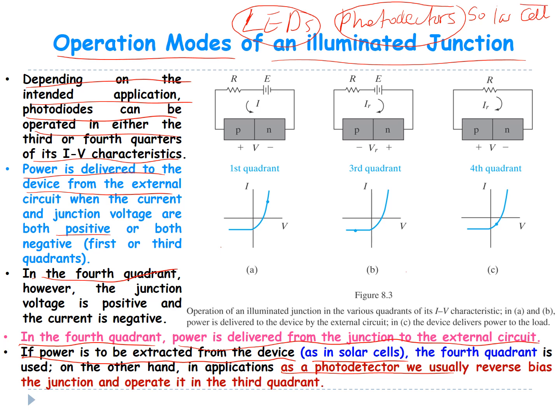And we also want to know the bias conditions for our PN junction to operate as a solar cell. And by now, I think you've got some kind of an idea. Now, I will start with the simplest one. Now, LEDs, they emit light. So we are saying LEDs, they should emit light.